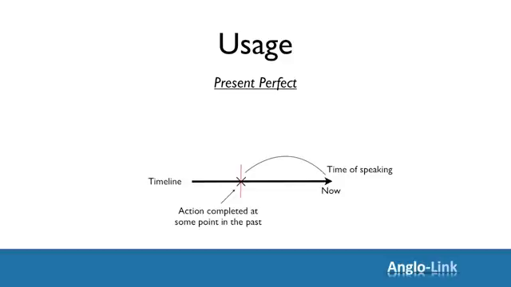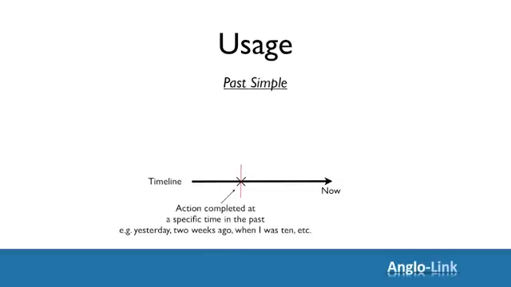Now, if we mention that specific time in the past, if we fix our past time, we must change to past simple. Action completed at a specific time in the past. There is no longer any connection with now. For example, yesterday, 2 weeks ago, when I was 10, etc.